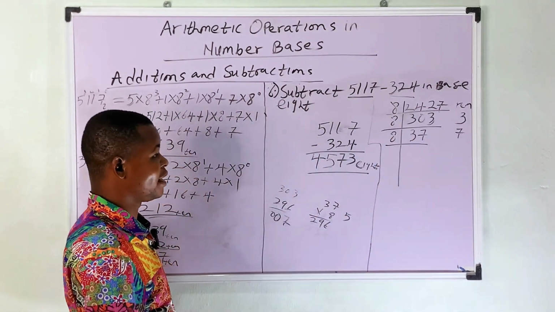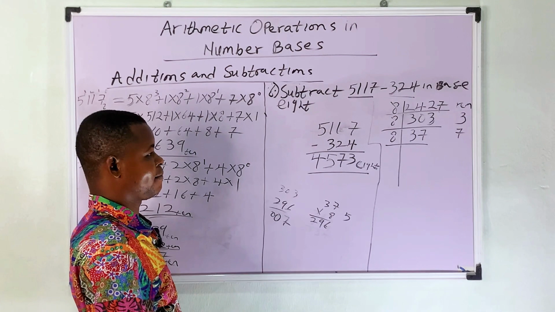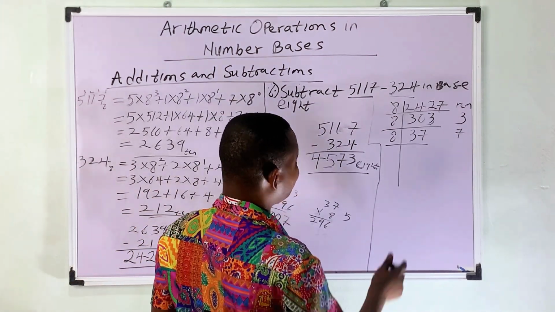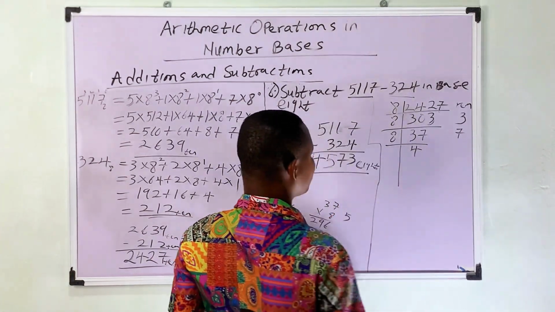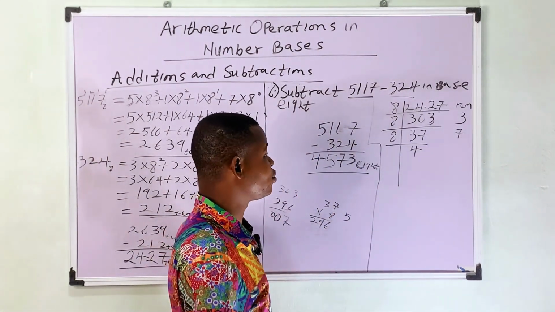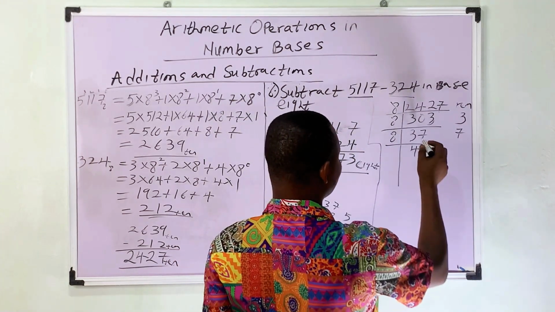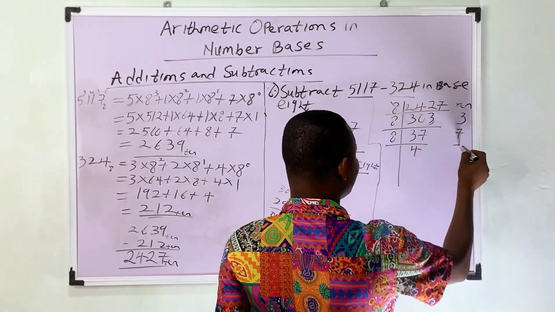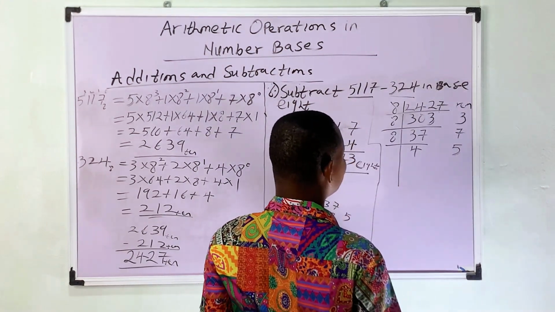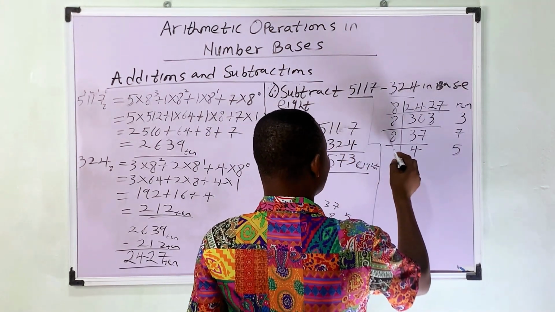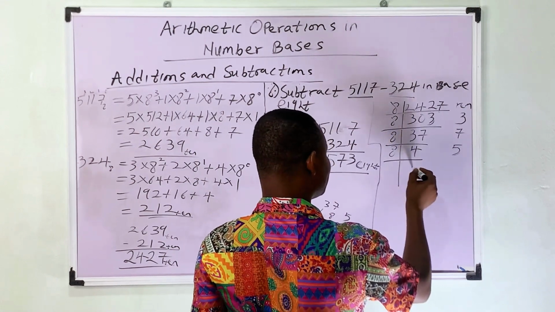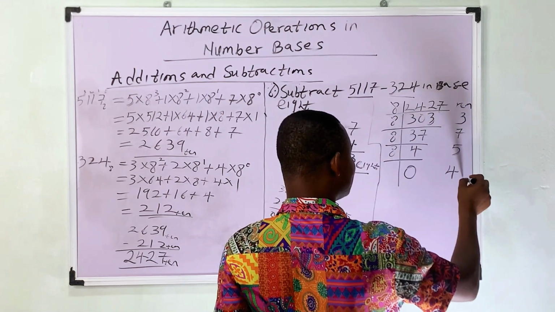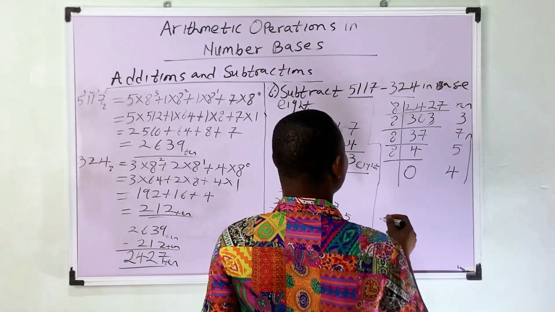37 divided by 8 is 4, because 8 times 4 will give us 32. And we have 5 as a remainder because 37 minus 32 will give us 5. 4 divided by 8, impossible. We have 0 and remainder 4. We read from bottom to up.